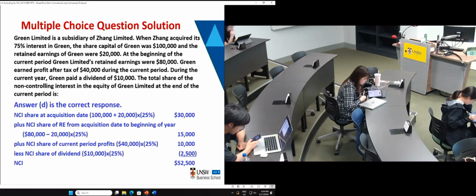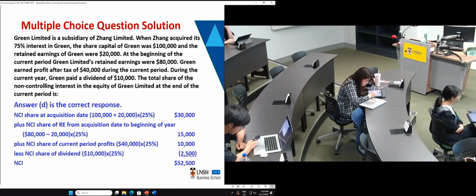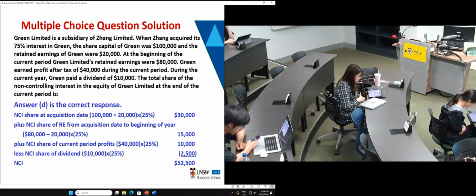Okay. So you can see its retained earnings closing balance is equal to 110,000, right? Plus 100,000 share capital. The total equity of the subsidiary at the end of the current year is 210,000.